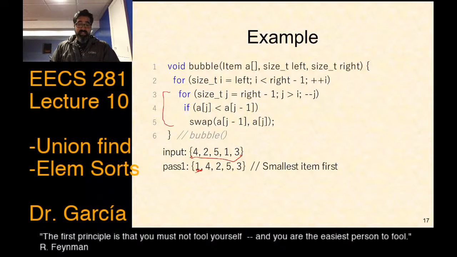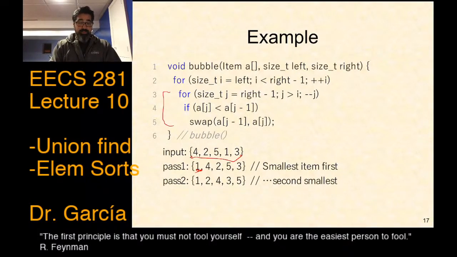So this is pass 2, and by pass here I mean a pass of the outer loop, right? Pass 1, place it there. Pass 2 will basically see the 2 and swap it into the second position right here.